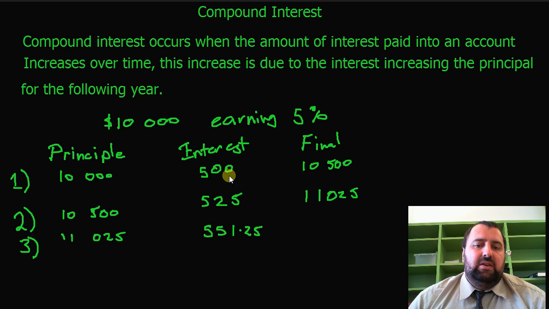Okay, so you can see each time it's going up, and in fact it goes up by a little bit more. This one, rather than go up by just $25, it's gone up by $26. So our amount in the account in this case would be $11,576.25.